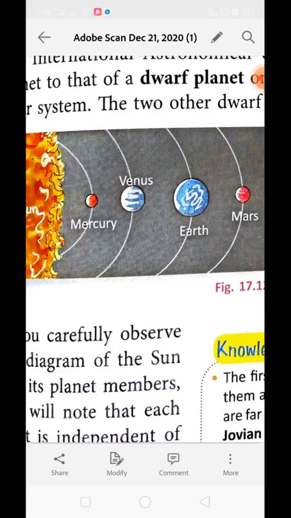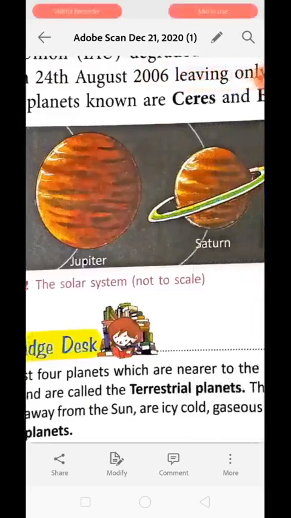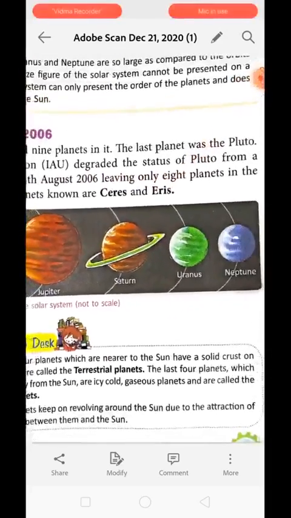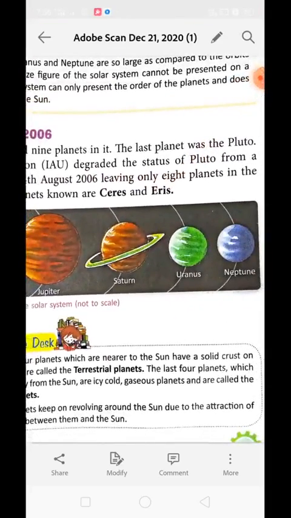Okay, so what do we call the rest of the four planets over here? These four planets present on the outer side of the solar system, or we can say they are exterior members of the solar system, are known as Jovian planets because a Jovian planet is a gaseous planet.